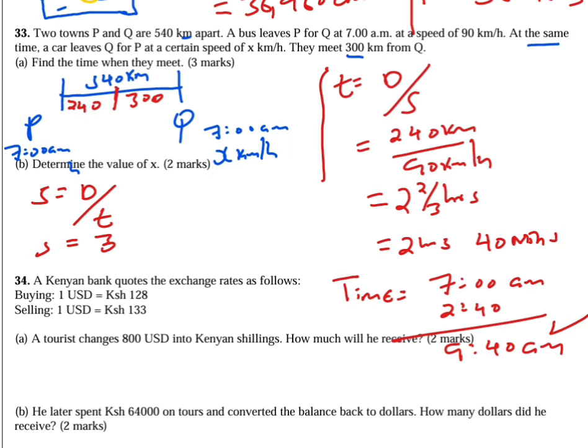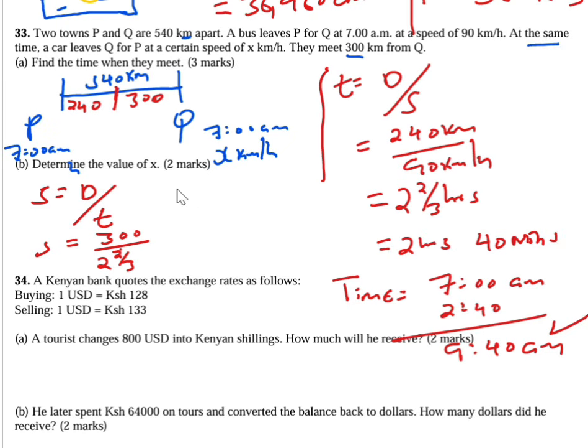Sorry for that. Sasa kone imeanza kuchoka. 300 over, what is the time? Time is 2 over 3. So remember it was 2 hours and 2 over 3. Kwa sasa mambo imekuwa 2 over 3. So 2 hours 2 over 3.